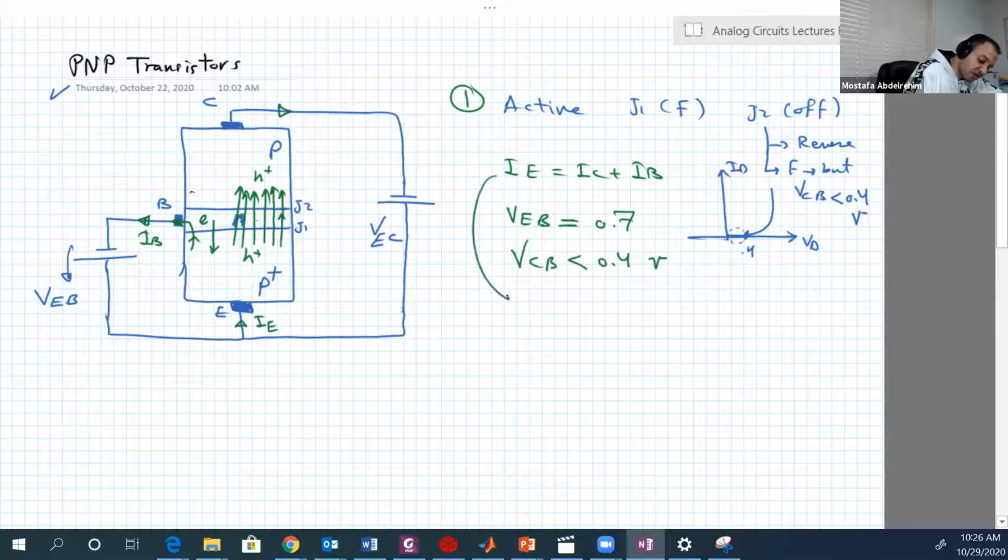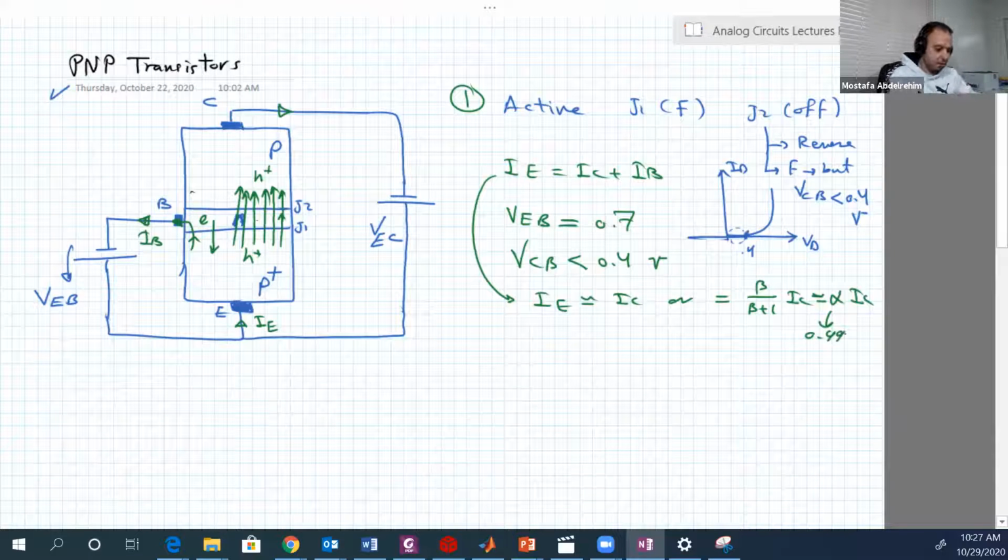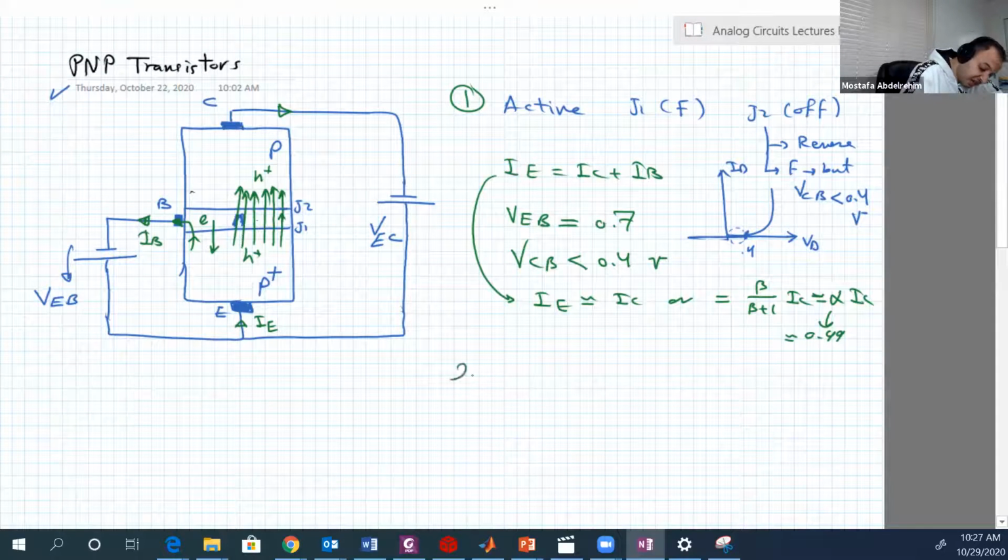And also for the currents, IE is approximately equal to IC, or you can say beta over beta plus 1 times IC, which we call alpha IC, and alpha is usually 0.99 or something. Again, approximately. Good. Now, the second region is the saturation region.